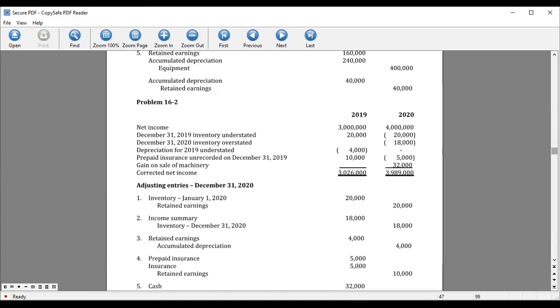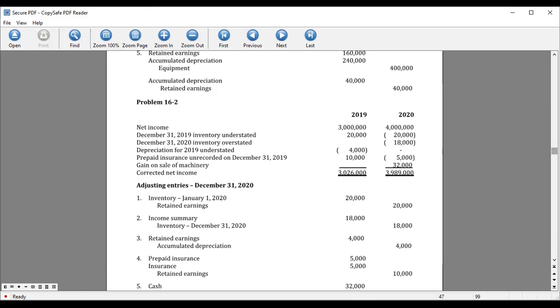So the correct entry is debit to cash 32,000, debit to accumulated depreciation 200,000, and credit to machinery 200,000, and credit to gain on sale.